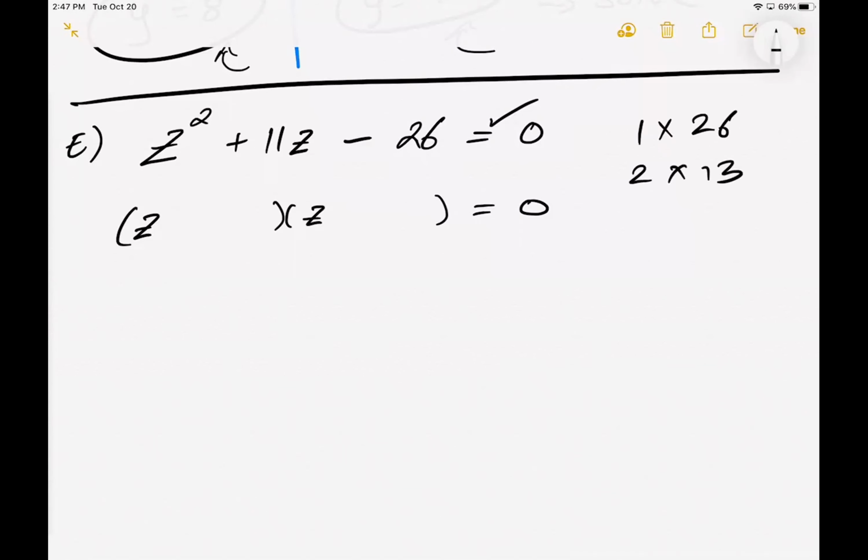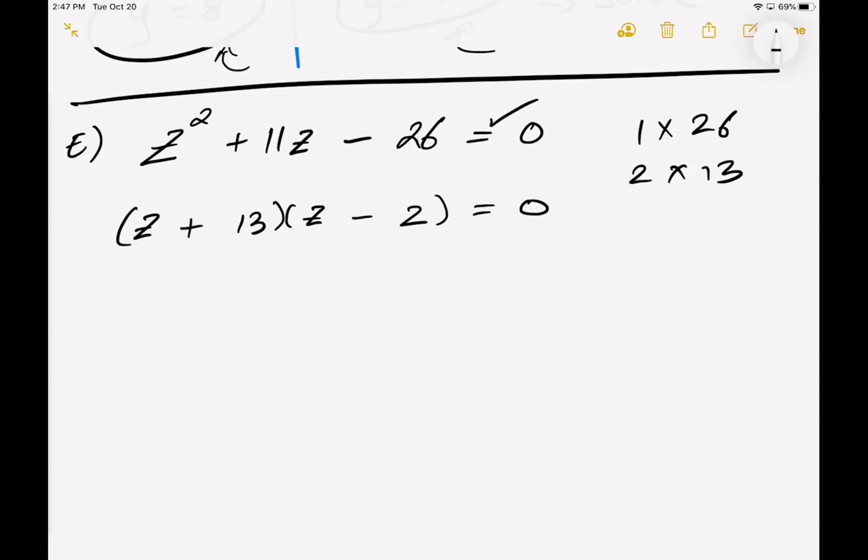And because the 26 is negative, we think in terms of subtraction. So two numbers that multiply to give you 26 but subtract to 11 have to be 13 and 2. 13 times 2 is 26, and 13 minus 2 is equal to 11. Which one is positive and which one is negative? Well, the bigger number, the 13, gets the positive sign.